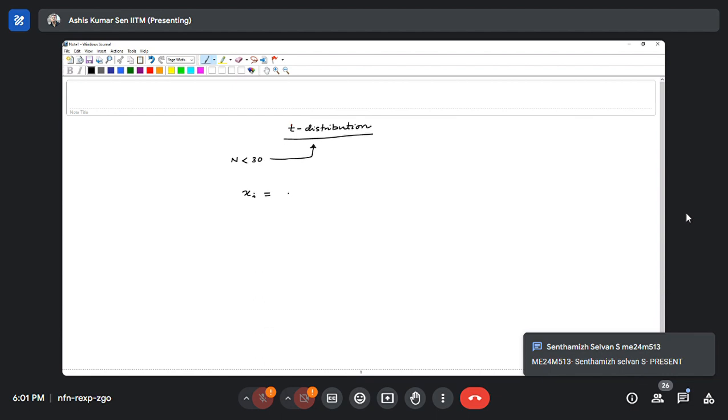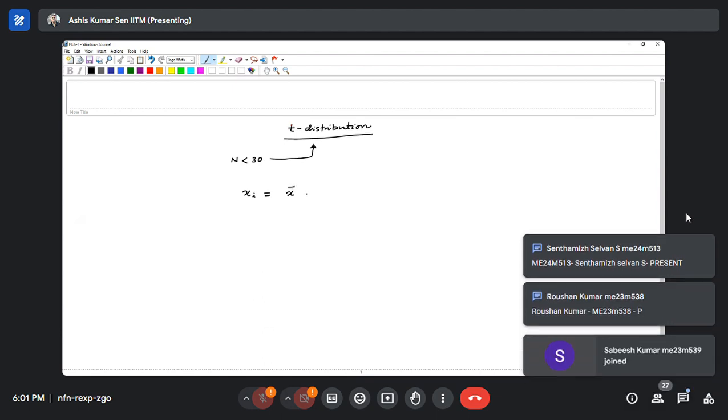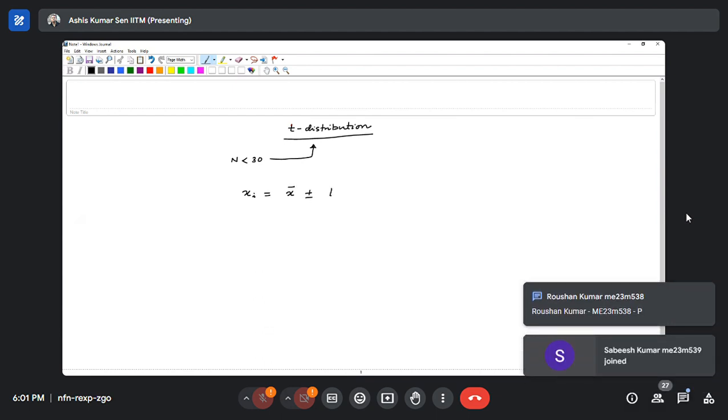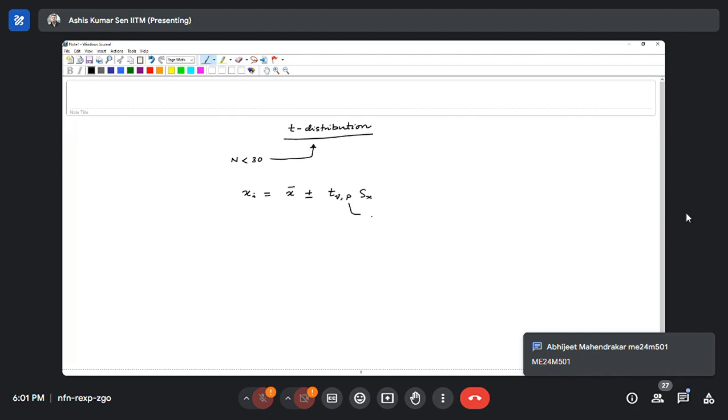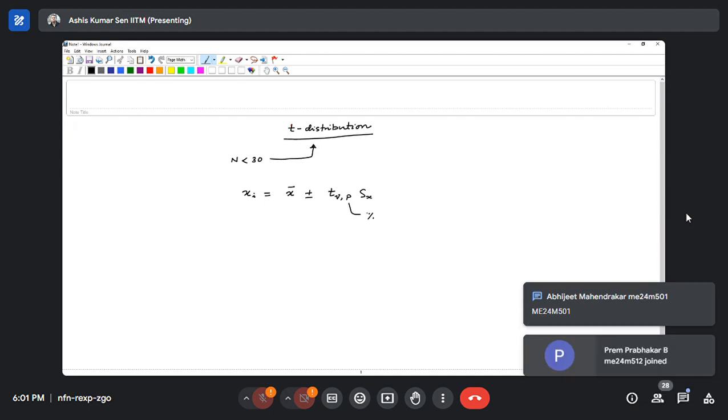So use x_i = x mean plus minus t(degree of freedom, probability) times s_x, where P is expressed in terms of percentage.